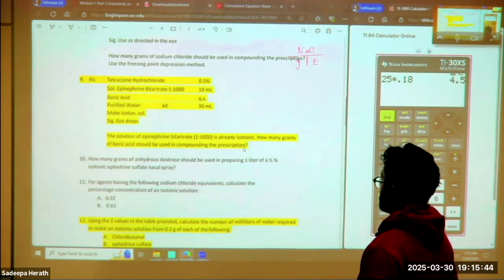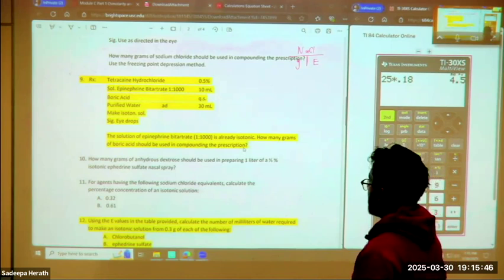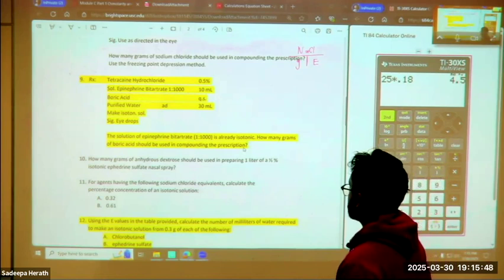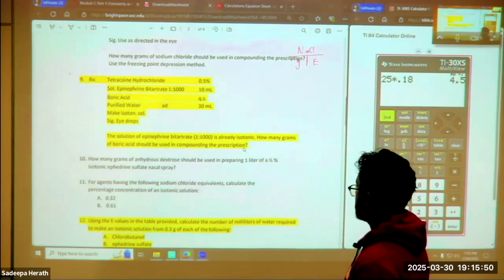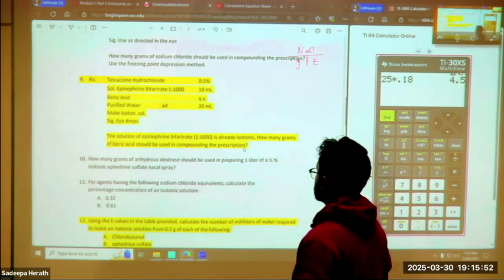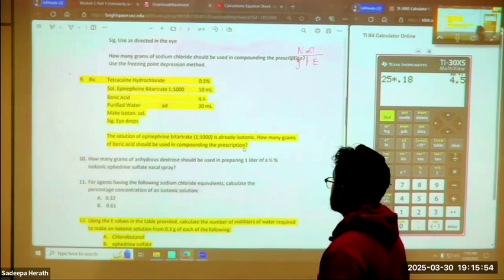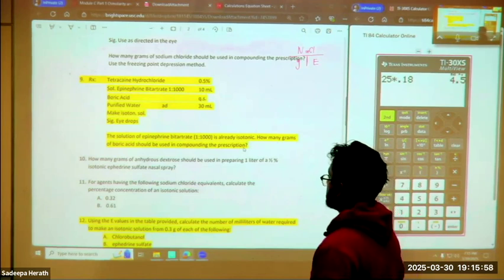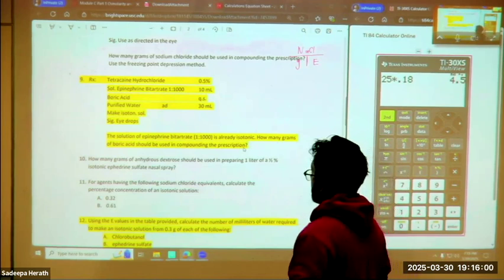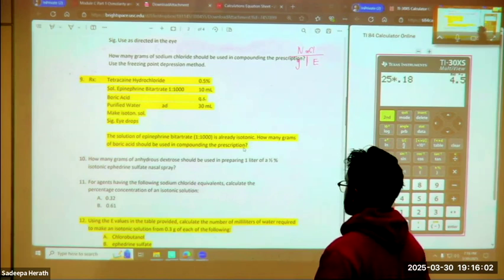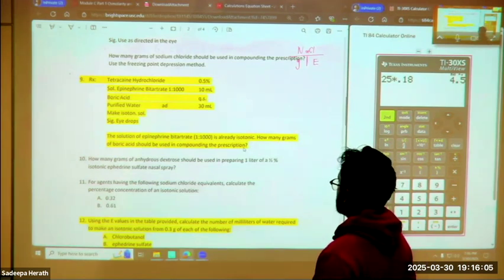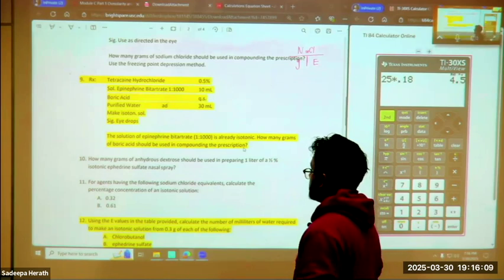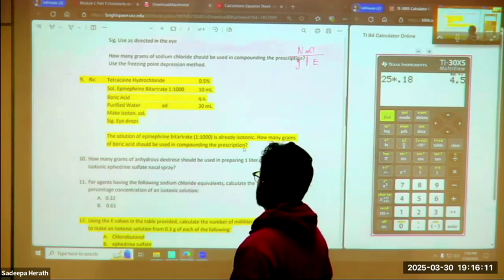A solution of epinephrine bitartrate at a ratio of 1 to 1,000, okay, there's 10 mLs of that. And then we need to add a certain amount of boric acid to make it isotonic. And then into purified water, there's a total solution of 30 ml. And then the prescription says make it an isotonic solution, and it's for eye drops.